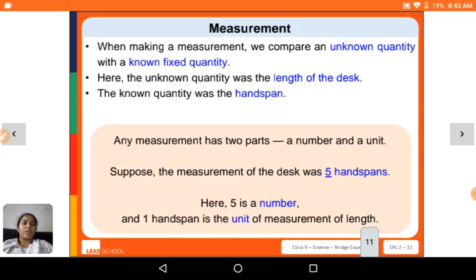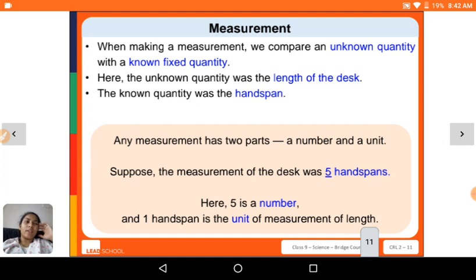What is measurement? When making a measurement, we compare an unknown quantity with a known fixed quantity. Here, the unknown quantity was the length of the desk and the known quantity was the handspan.